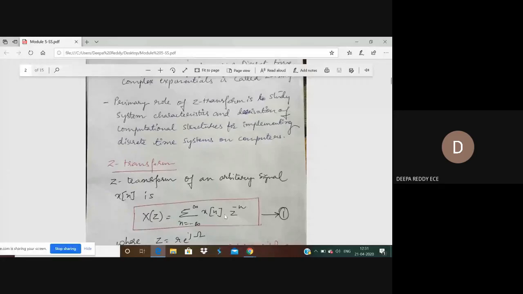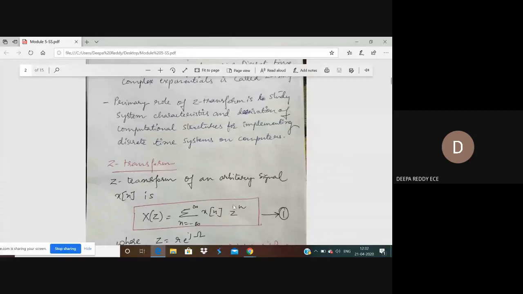So X of z, remember the capital X on the left side, is equal to summation over n from minus infinity to plus infinity. Remember, it is from negative infinity to positive infinity. X of n is any arbitrary discrete time signal, multiplied with z to the power of minus n. What is this z to the power of minus n?